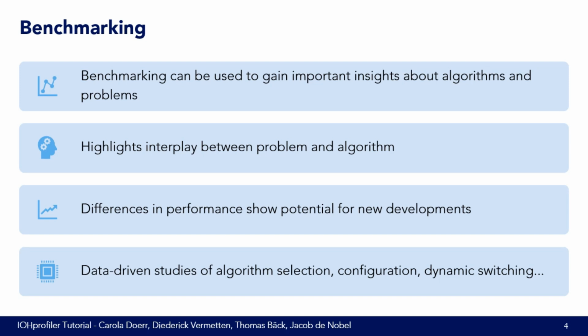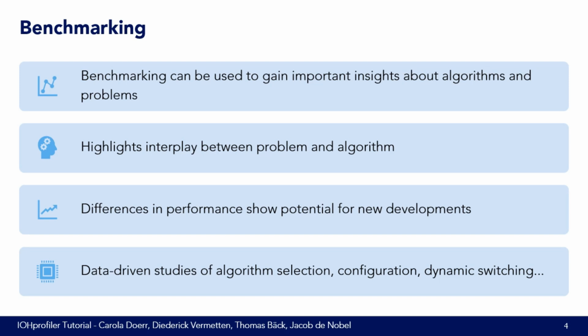So by looking at performance data, we can identify different regions of complementarity, different parts of problems where algorithms might benefit from being combined together. So this is just a subsampling of things that benchmarking can be useful for, rather than this competitive starting point.